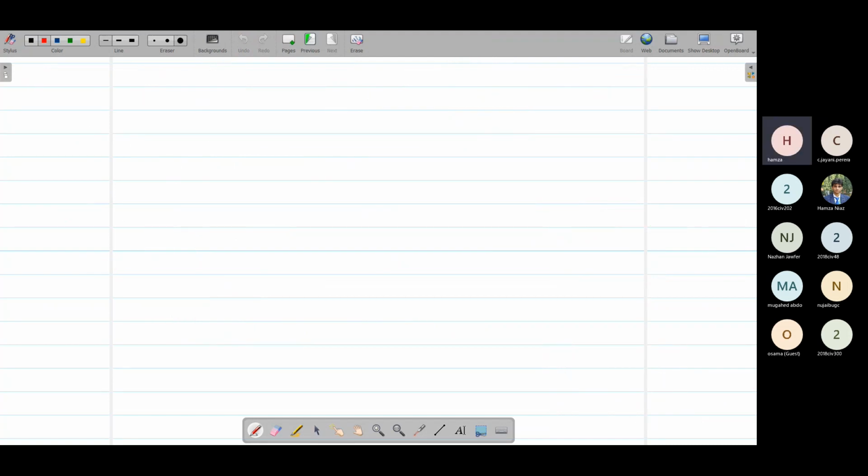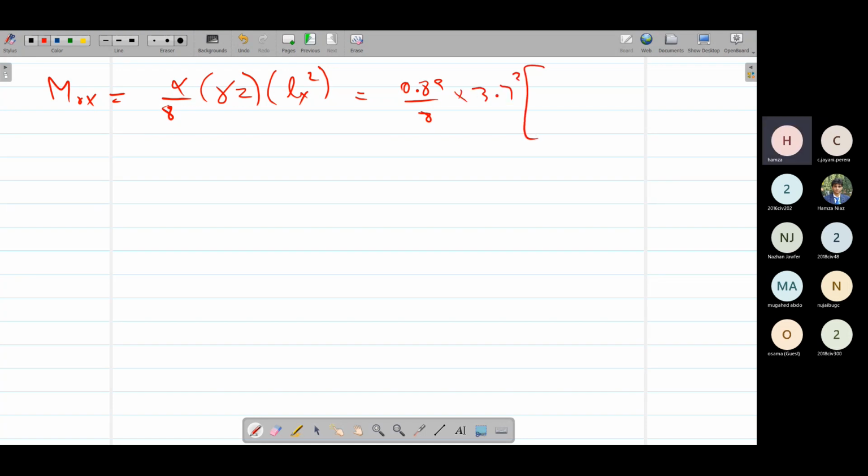Afterwards, we have to calculate the simple span moment, that is M naught x, which is alpha over 8 into gamma z into Lx square. So this is the simple span moment. Alpha we know as 0.89 over 8, into Lx square we have as 3.7 square, into gamma z.